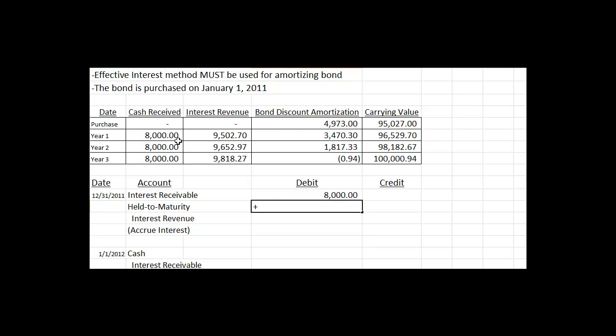The difference between the interest revenue and the cash received is going to be the amount that's going to increase in the held to maturity account. We're amortizing the discount, which in essence increases our carrying value because we're the creditor. And so the amount of interest we recognize is 95.0270. And so this is what you would do at the end of the first year, accruing the interest.